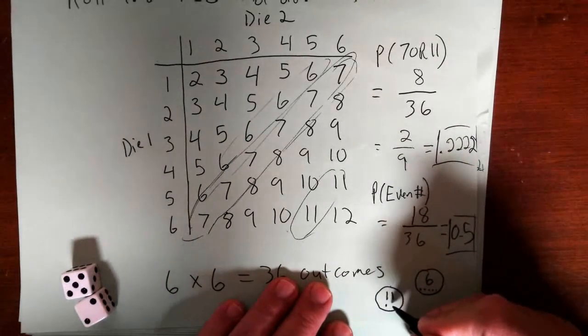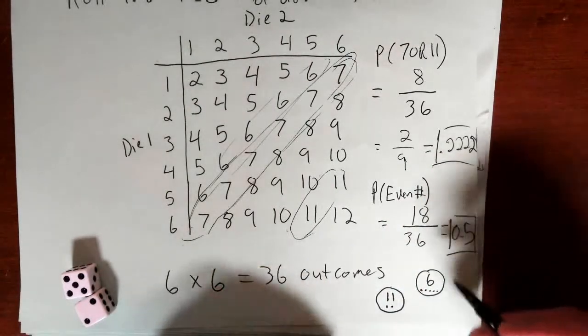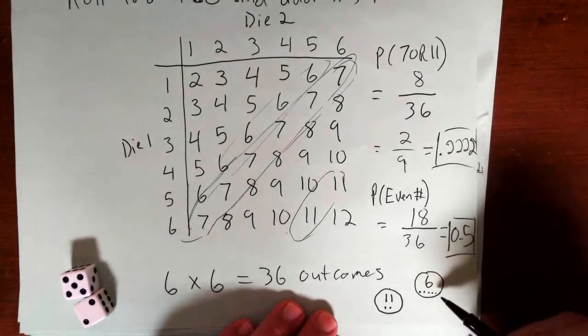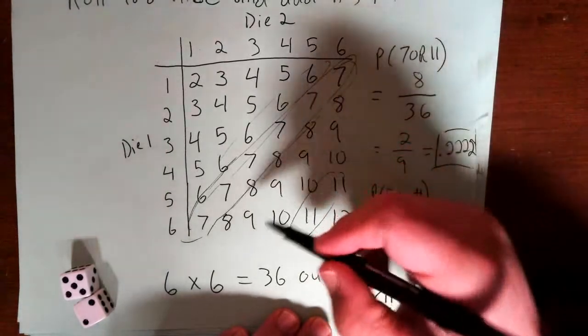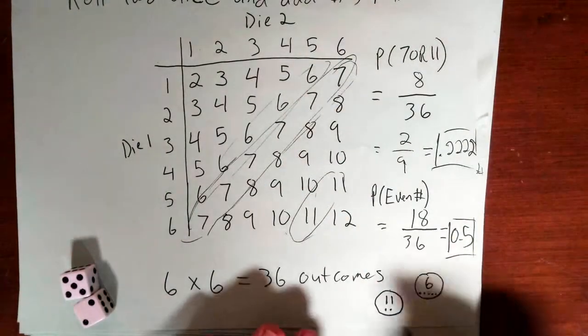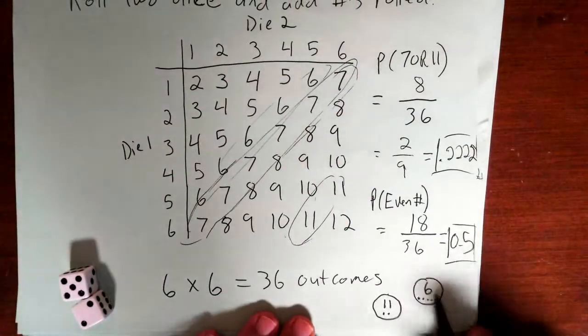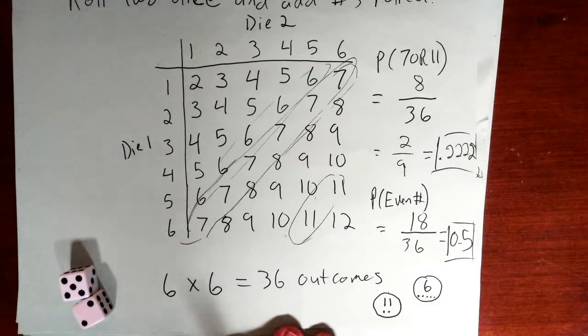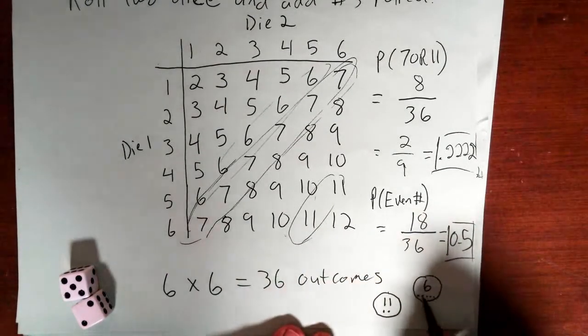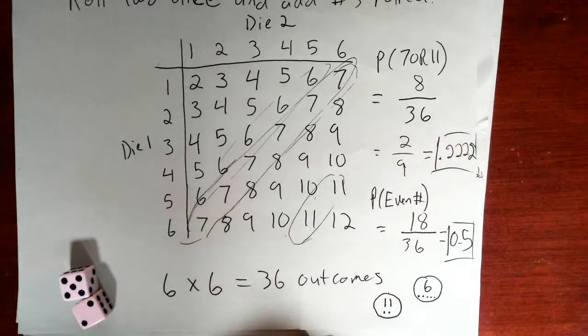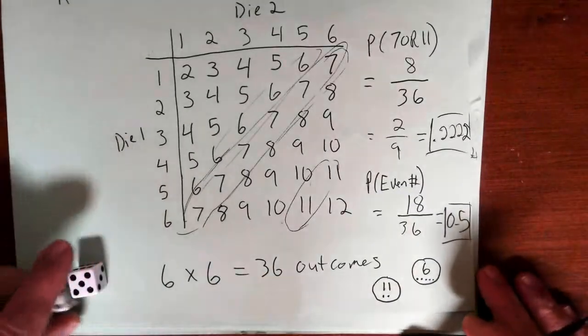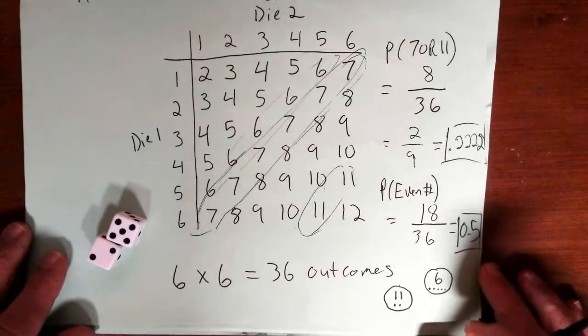And 11 has just 2 dots. Okay? And so the number of dots is actually the number of times it appears in this table. And so you can see how likely it is by looking at the number of dots. And the actual probability would be the number of dots on the tile divided by 36. And that would be the actual probability of rolling that particular sum.